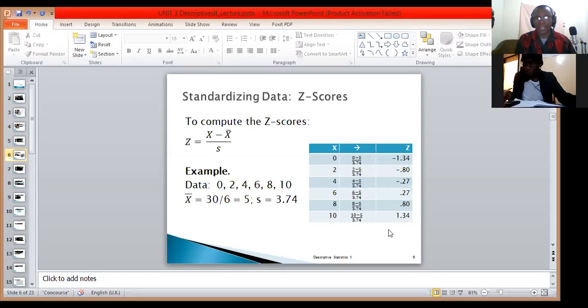And the Z-score of the data of 10, with a mean of 5 and a standard deviation of 3.74, is 1.34. That's how we calculate the Z-scores of sample data.